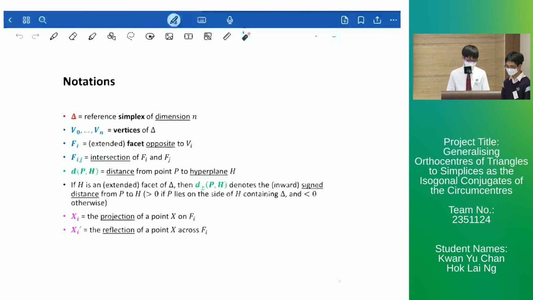D of P, H denotes the distance from point P to hyperplane H, and if H is an extended facet of delta, we will attach a plus or minus sign to denote the inward signed distance from P to H, which is positive if P lies on the side of H containing delta, and negative if P lies on the other side. Xi denotes the projection of X on Fi, and Xi prime denotes the reflection of X across Fi.